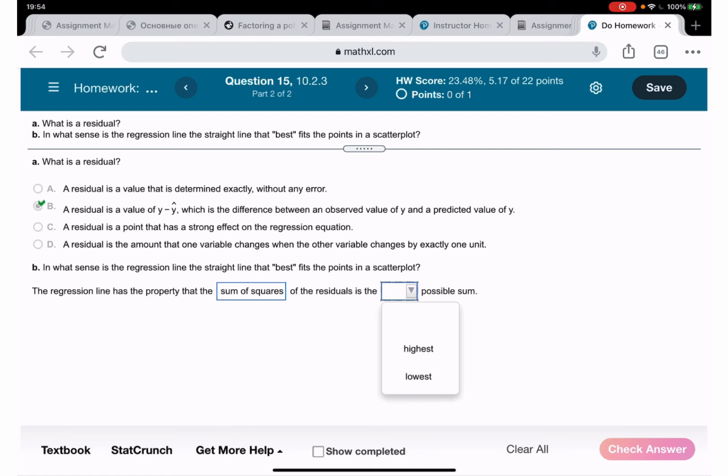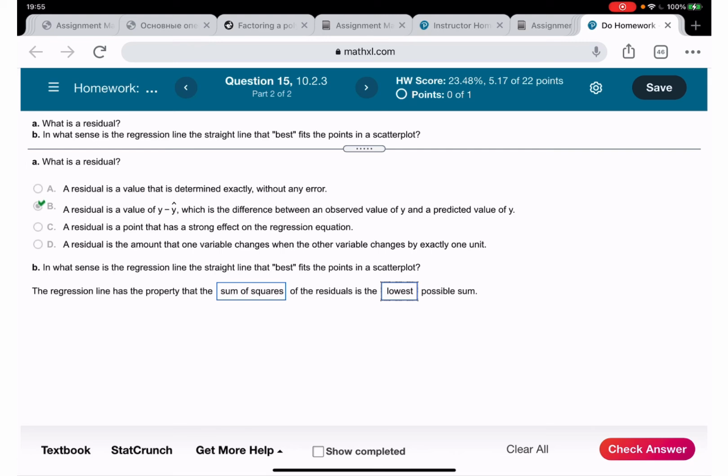That would be best fit. What does that mean? Shortly saying, the smaller the mistake, the error, the closer to reality the prediction is, right? That's just the logic.